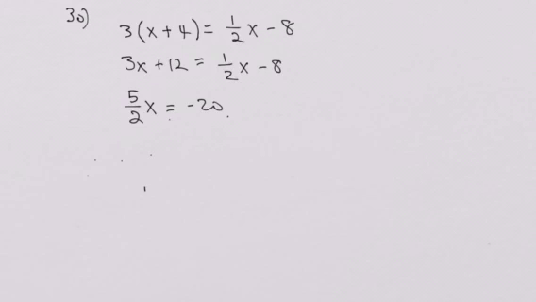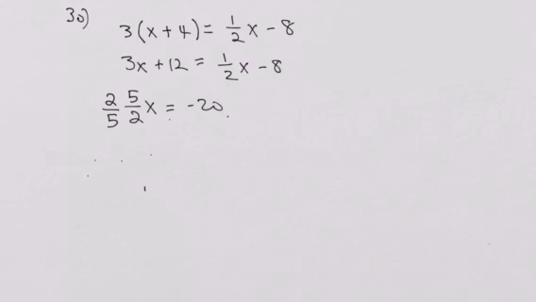I'm doing this the way I would do it. I could divide by 5/2, but I would rather multiply by the reciprocal. So I'm going to multiply by 2/5 on the left, because I know that when I multiply 2/5 times 5/2, I'm going to get 1, which is my goal.